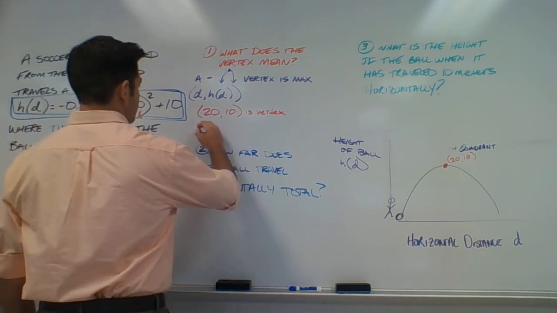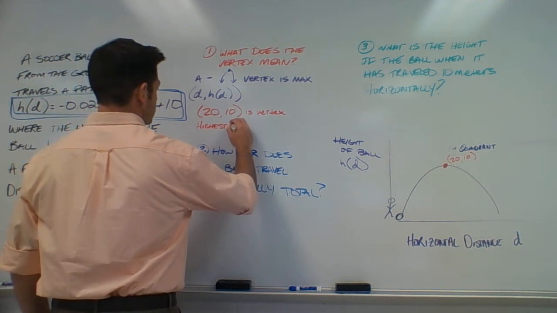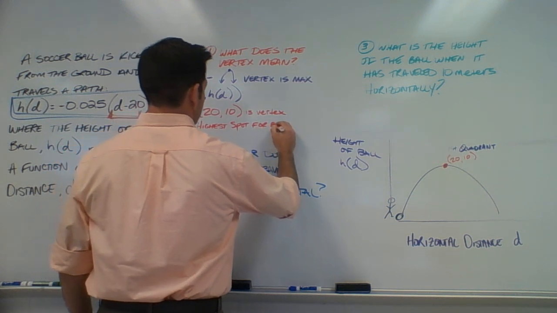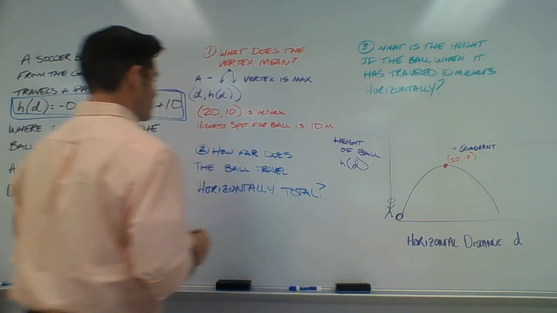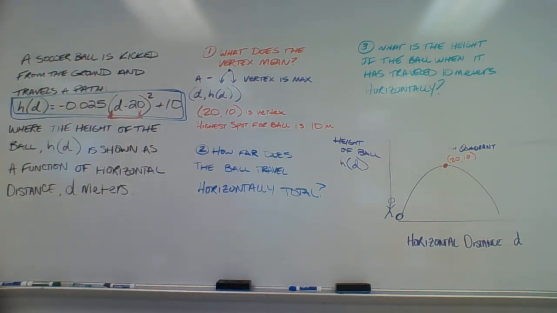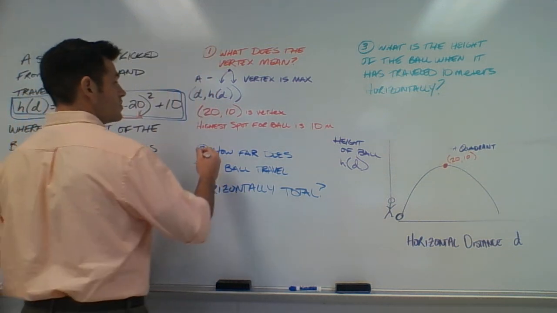So the highest location for the ball is 10 meters. And at that point, the ball has traveled 20 meters horizontally.